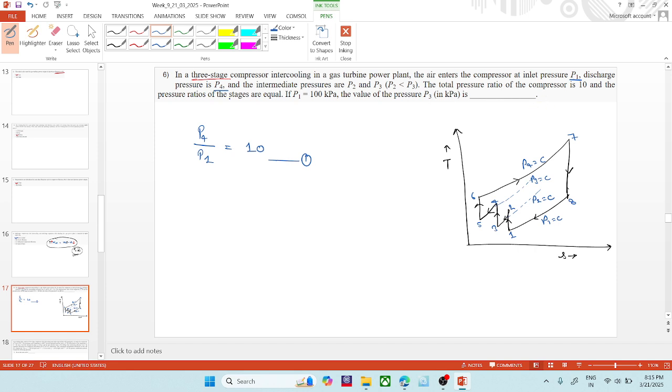Also given, the pressure ratios of all the stages are equal, so the RP stage, with total RP, is equal to P2 by P1, equal to P3 by P2, equal to P4 by P3.